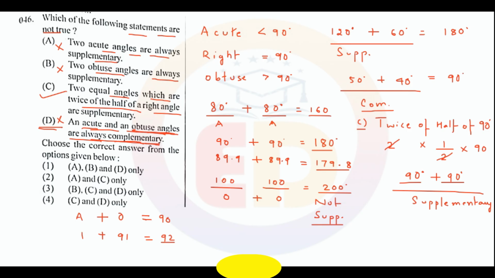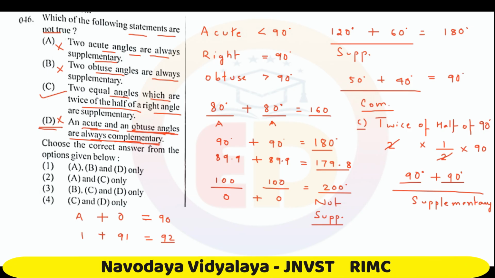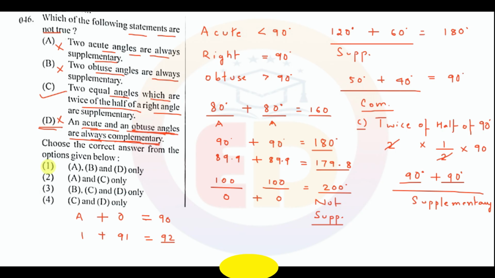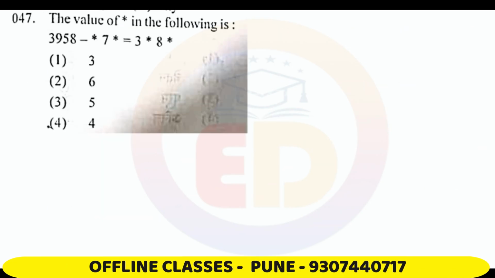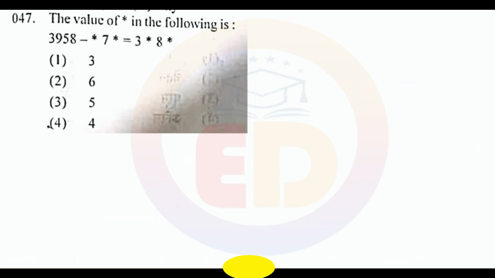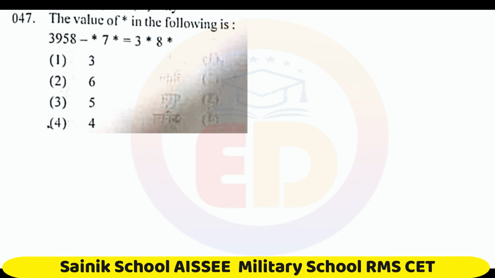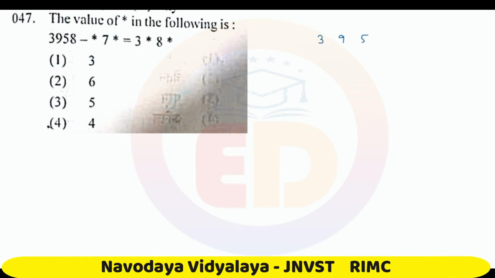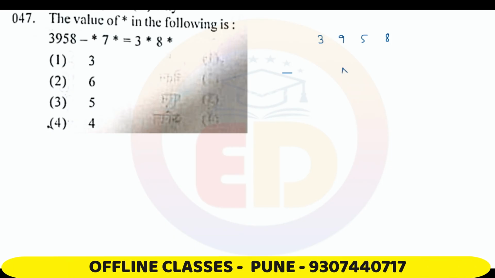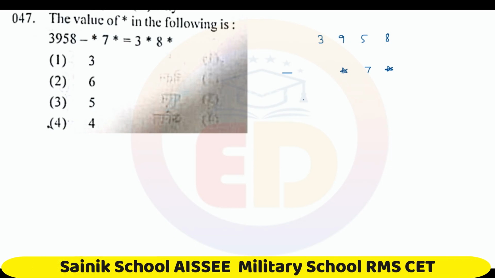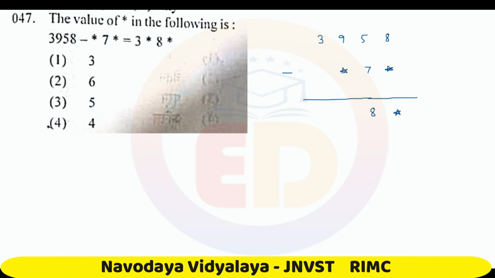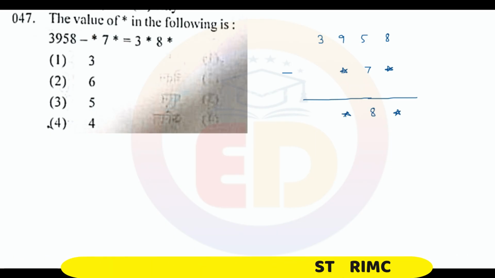Option number 1. Question number 47. In this question, they have given us 3958 subtracted star 7 star. The answer should be star 8 star and 3.